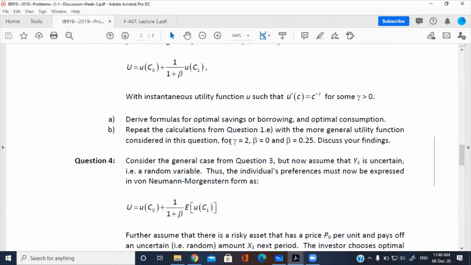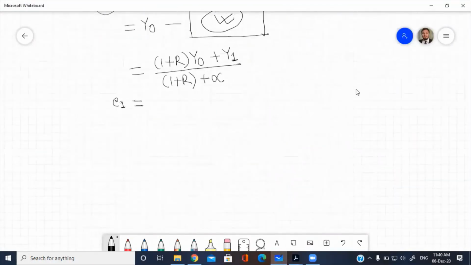Okay, you see there is a gamma parameter available in the information. Gamma is equal to 2. Beta is equal to 0, or there is an alternative that beta is equal to 0.25. Okay, so I'm just taking one scenario like this.